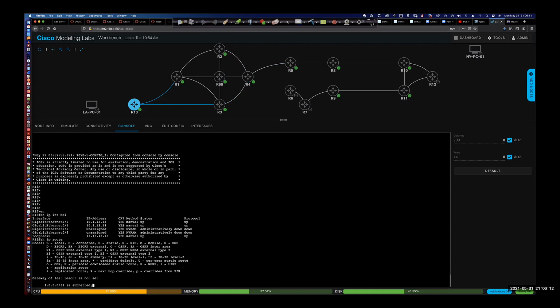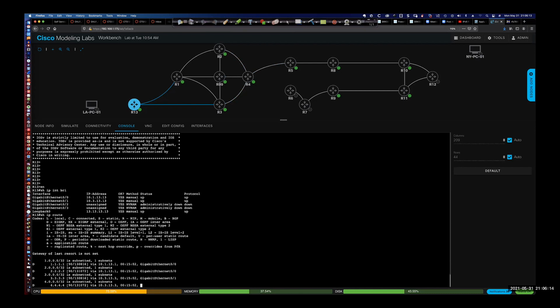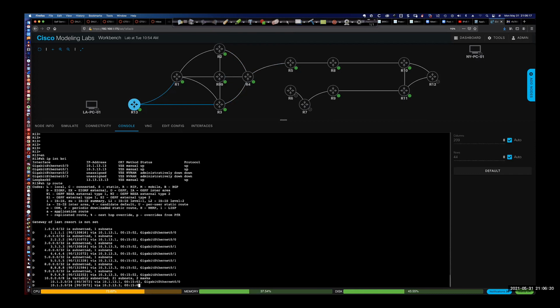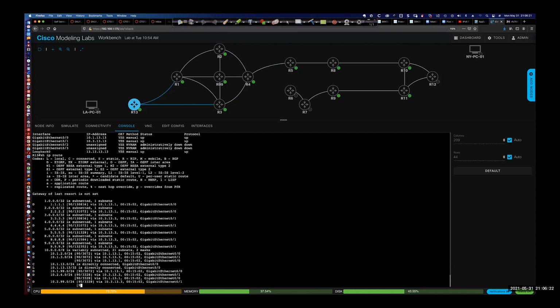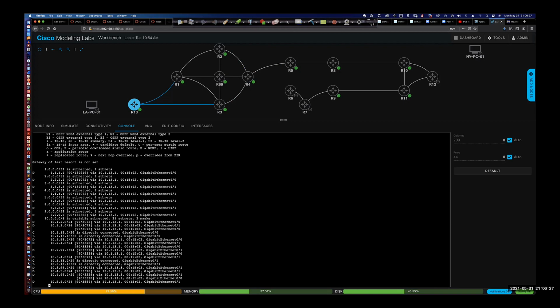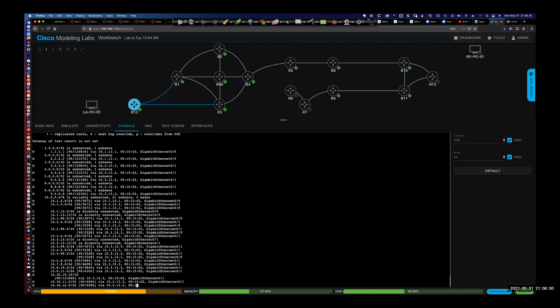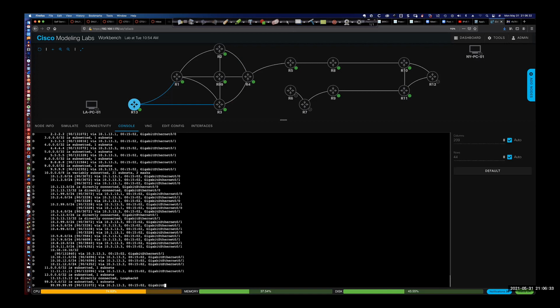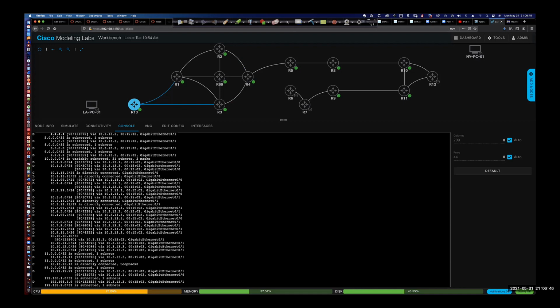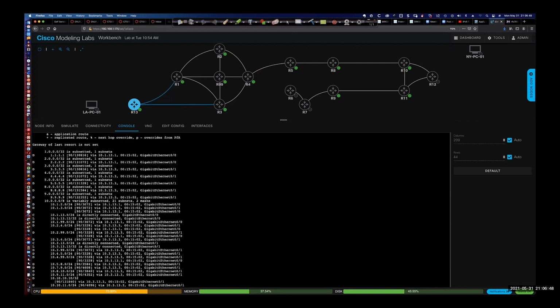So I'm looking for the 4.4.4.4, because you can see we've got multiple ways that we can get there, although it's preferring the path through. And so maybe the 9 is going to be a better candidate here. The 9 is only showing the 1 because I was making some changes. So let's do this. Can't change that. So yeah, we'll just deal with the 4 here, and we'll see if we can make the change.